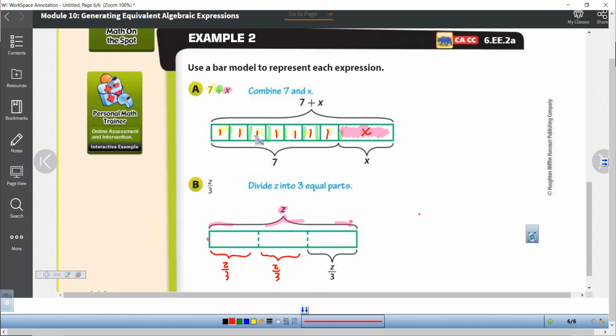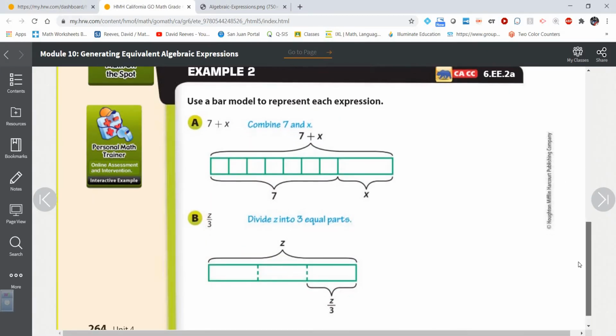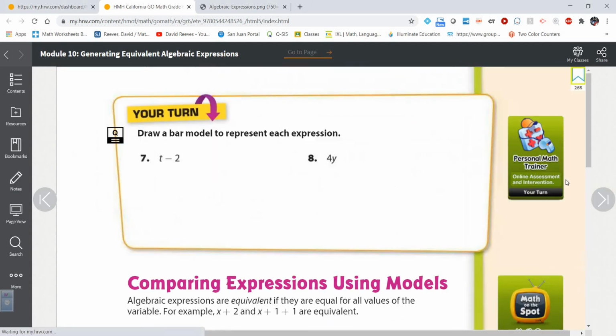We know that's 1, 2, 3, 4, 5, 6, 7. Here, again, that could be any number. These could be 3, 6, 9, 4, 8, 12, 1, 2, 3. They could be any value. But whatever it is, it's what z is divided by 3. Okay? Sorry about that little snafu there.